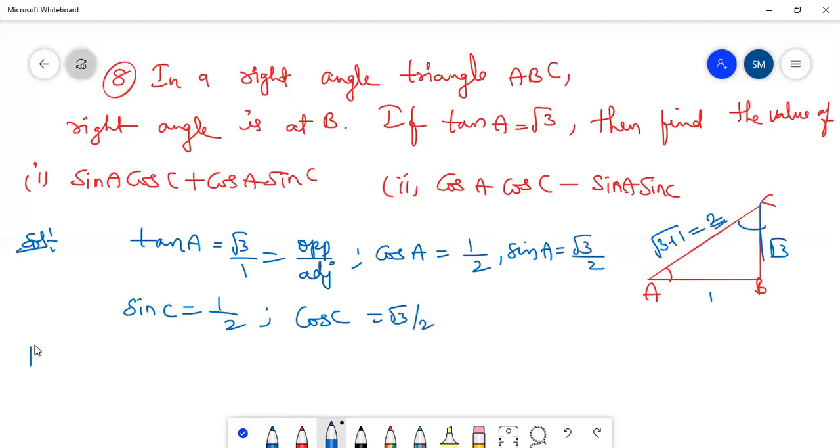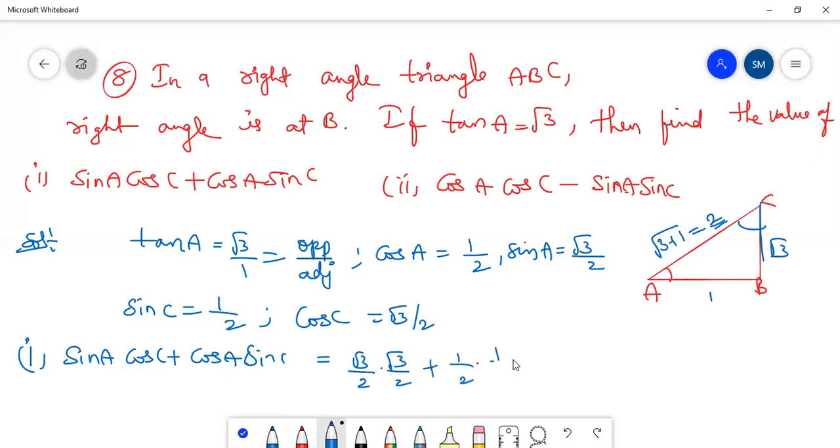Now we can find the first one, sin A cos C plus cos A sin C. Sin A is root 3 by 2, cos C is also root 3 by 2, plus cos A is 1 by 2, sin C is also 1 by 2. Root 3 into root 3, 3 by 4 plus 1 by 4, equal to 4 by 4, equal to 1. That is the first one.